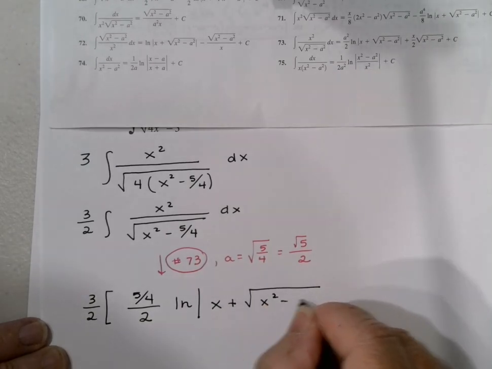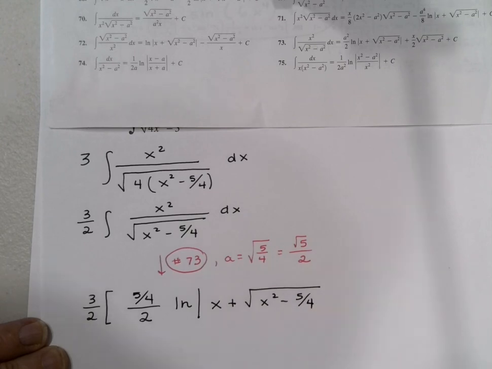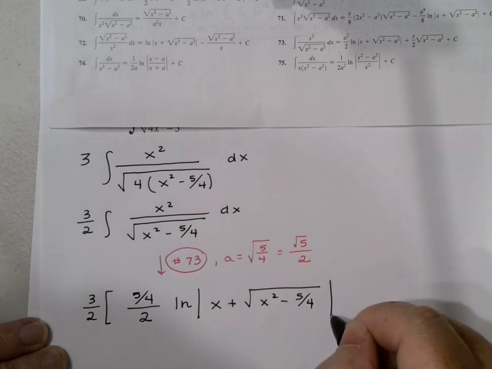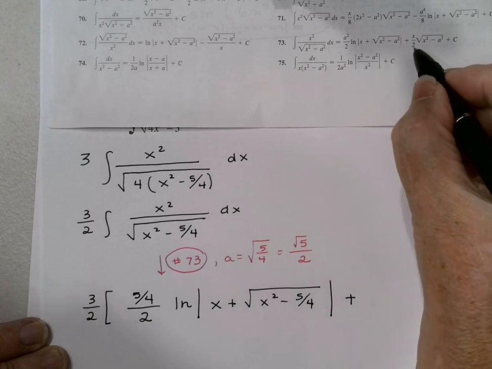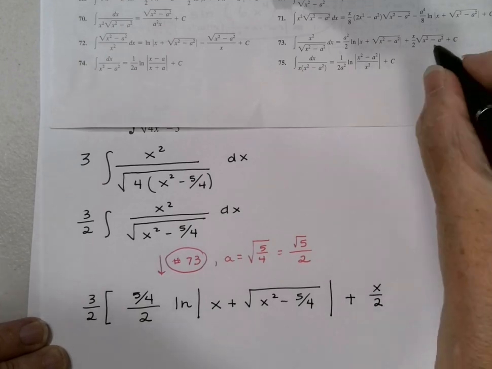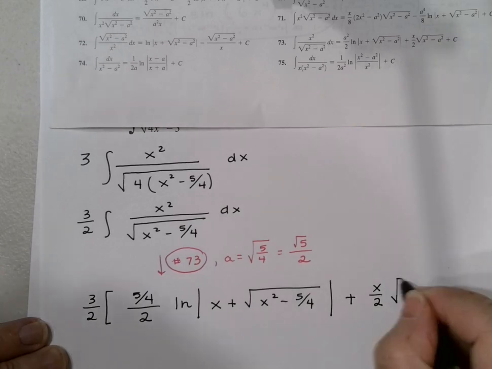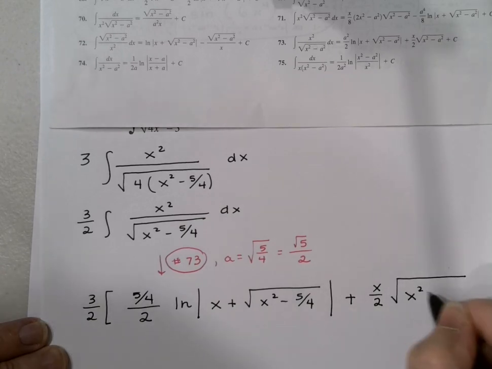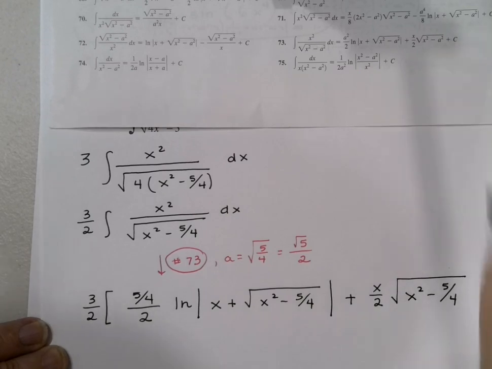So that would be x squared minus 5/4 under that radical, plus x over 2 times the square root of x squared minus a squared. So under that radical again, x squared minus 5/4, and then plus c.